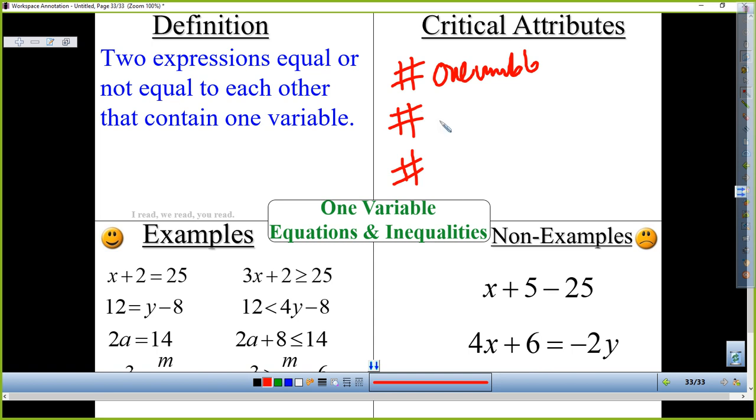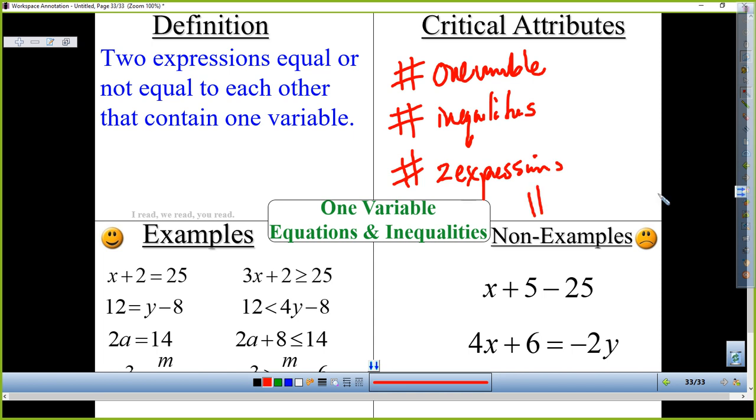And one more, Angie. Hashtag two expressions. Two expressions. Yeah, I'll take that. I'll do one more. Hashtag bam. It's cool. But that's me.